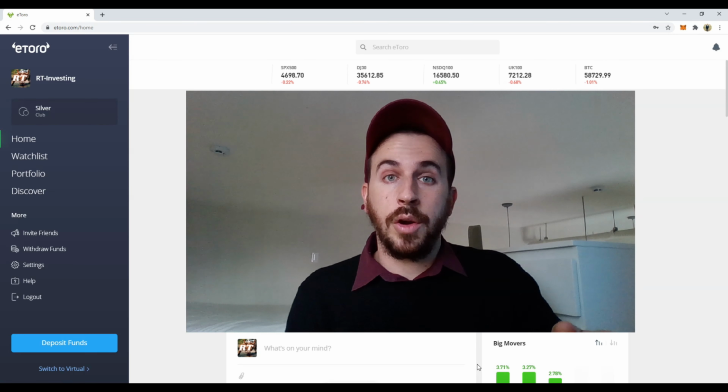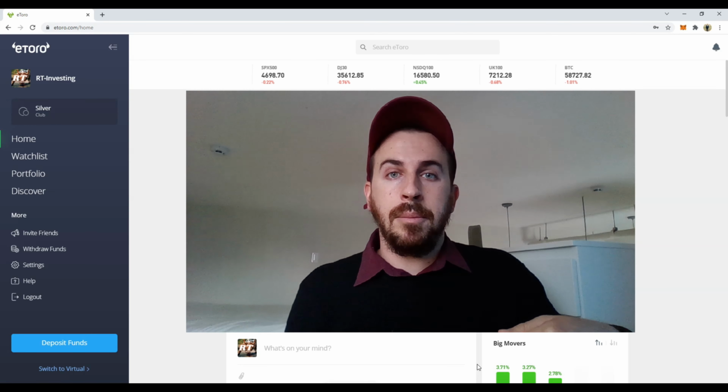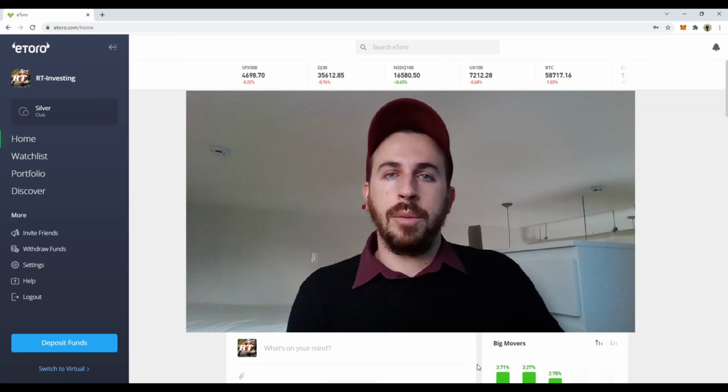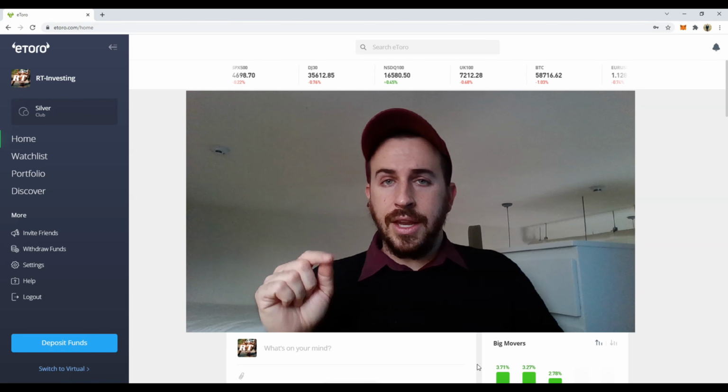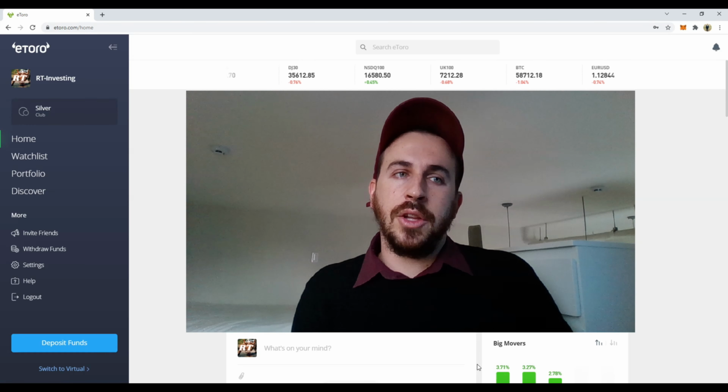So I've designed the RT Invest copy portfolio in order for myself to dollar cost average into the markets more easily. Because if I have to go on my personal account on eToro and then open up all the trades every month, it would be pretty time consuming.